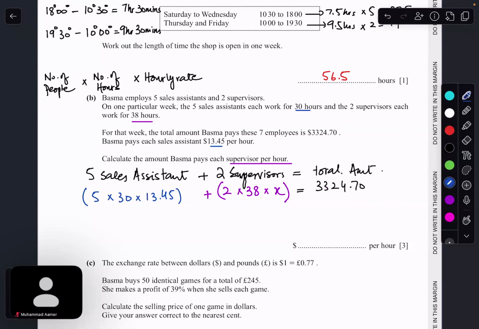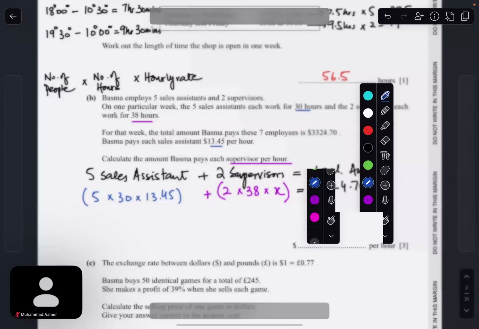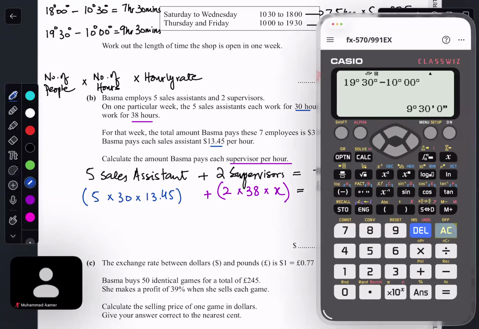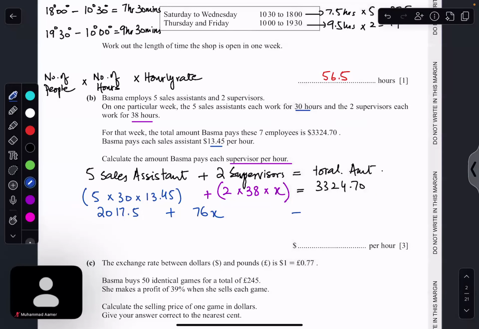Okay. Now let's calculate this. So we have 5 times 30 times 13.45. We have 2017.5 plus this should be 76x is equal to 3324.7.